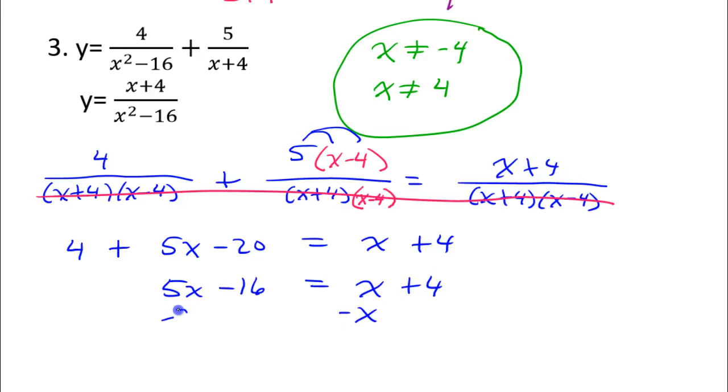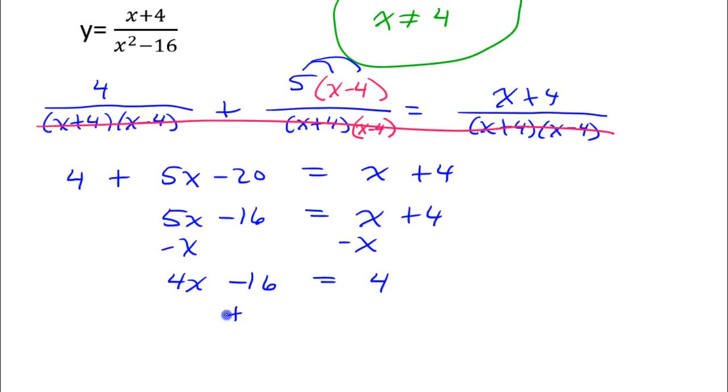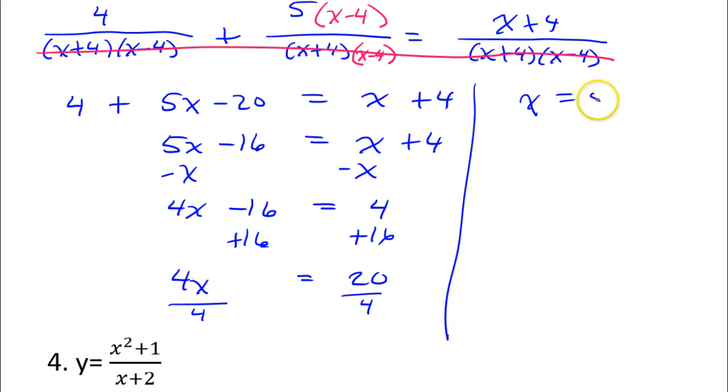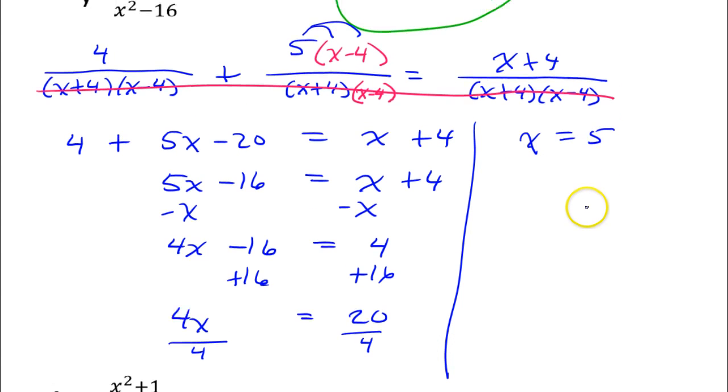Now I will subtract x from both sides, so that'll be 4x minus 16 equals 4. Now time to add 16 to both sides. So that will give me 4x is equal to 20. Then if I divide both sides by 4, I get x equals 5.